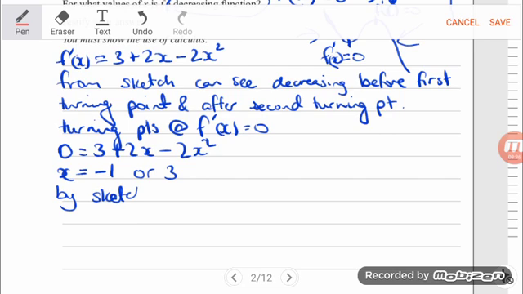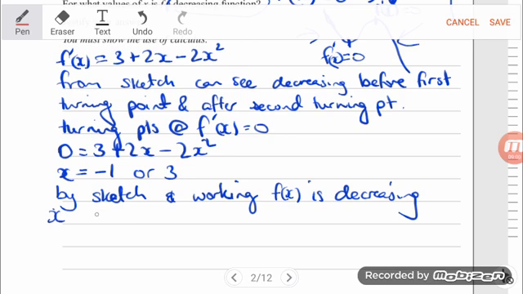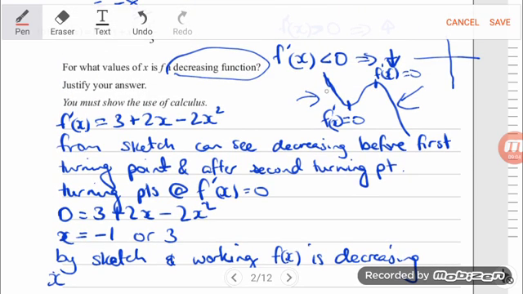So by sketch and working, now this is calculus, f of x is decreasing when x is, it's only on this side.